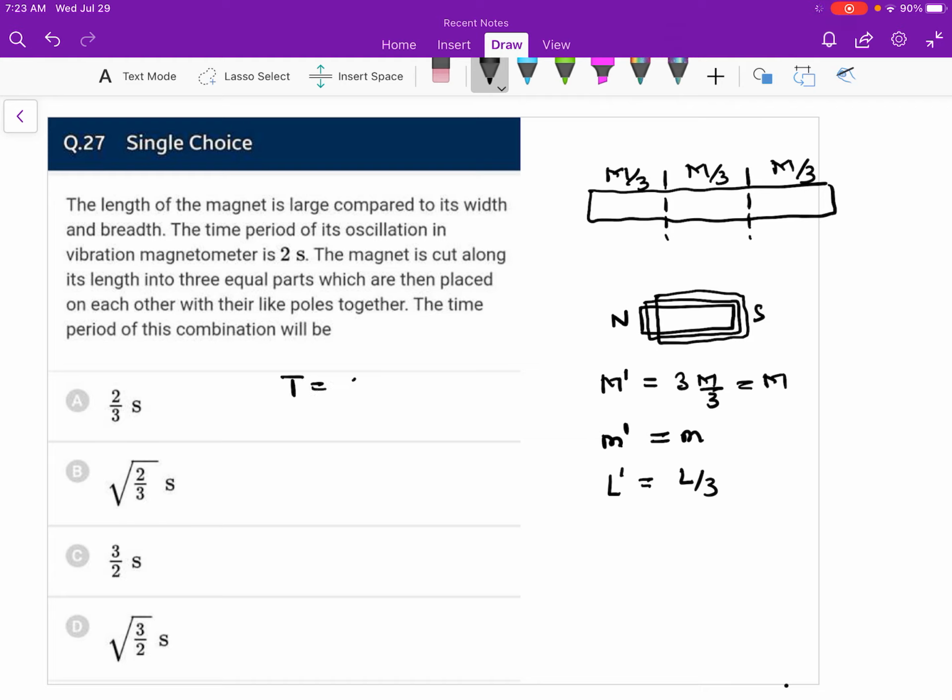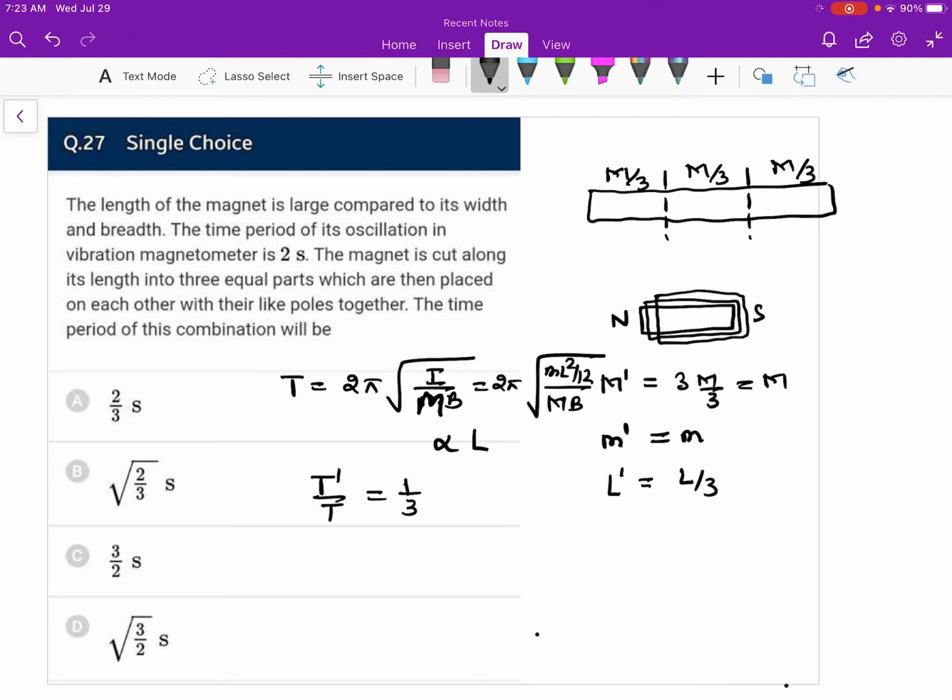So the time period is 2 pi under root I by mB, which is 2 pi under root ml square by 12 upon mB. So this is proportional to L only. So T dash by T is 1/3. So T dash is T by 3, that is 2 by 3 seconds. So A is the correct option.